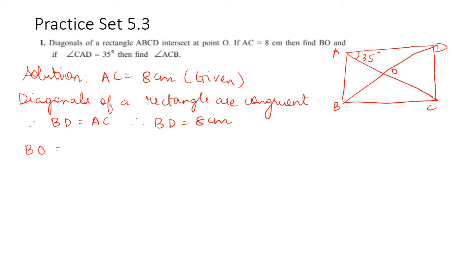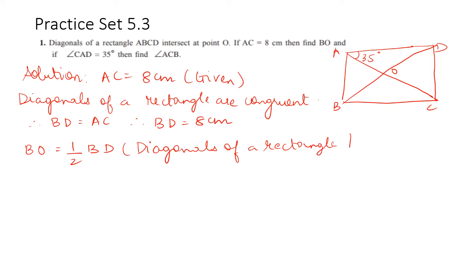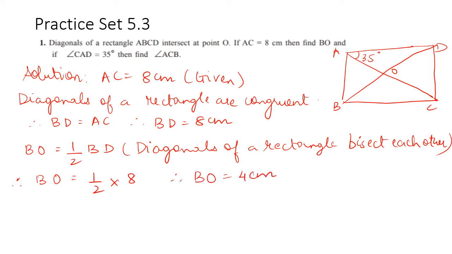Now BO is equal to half of BD. Why? Because diagonals of a rectangle bisect each other. Therefore BO is equal to half of BD, that is half of 8 centimeters. Therefore BO is equal to 4 centimeters. Okay, so we have found out the BO.